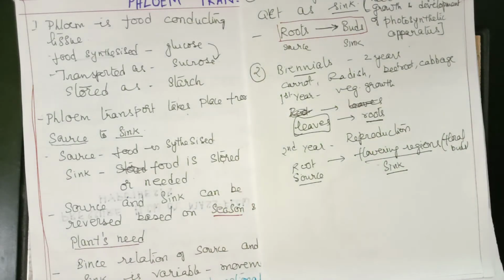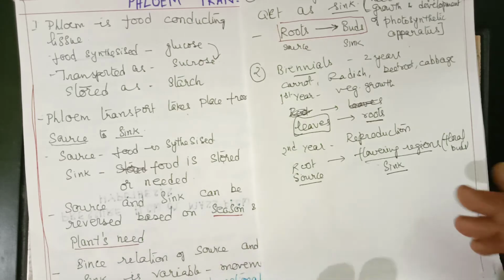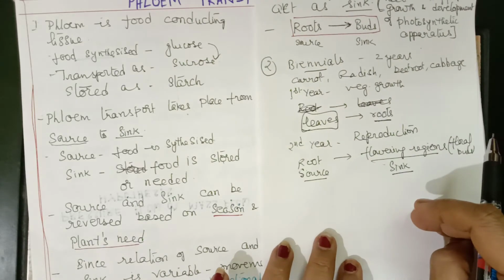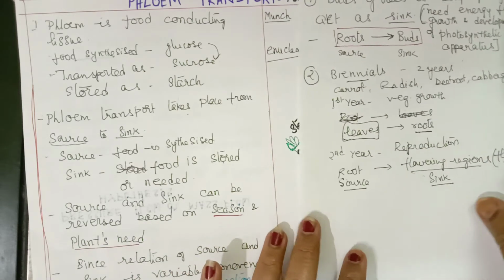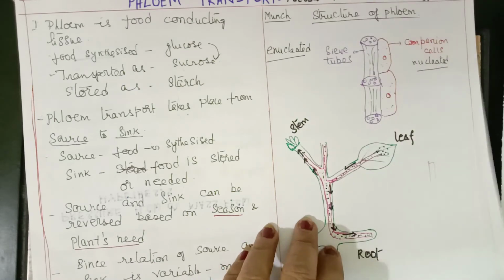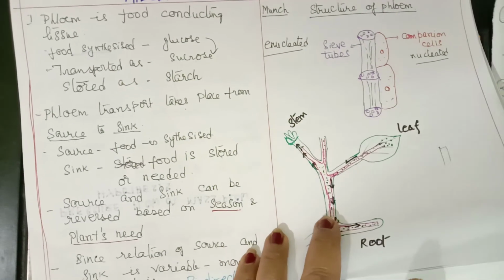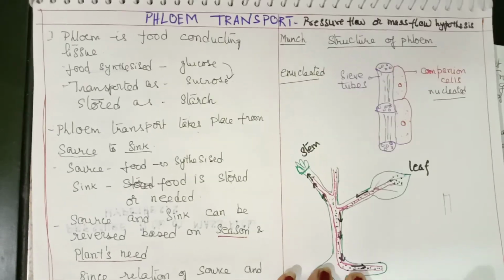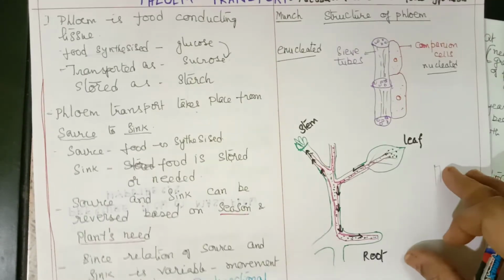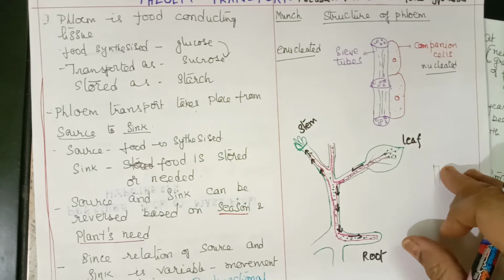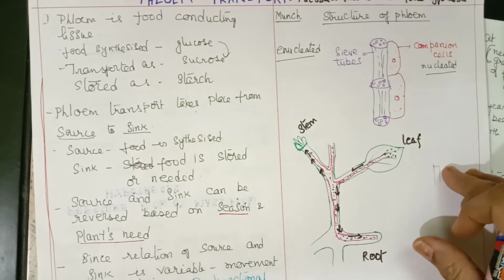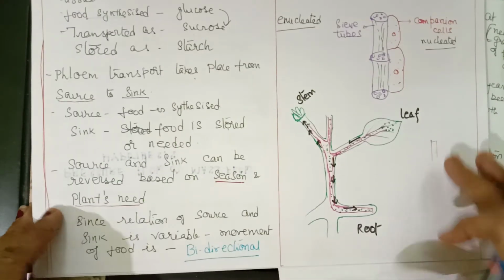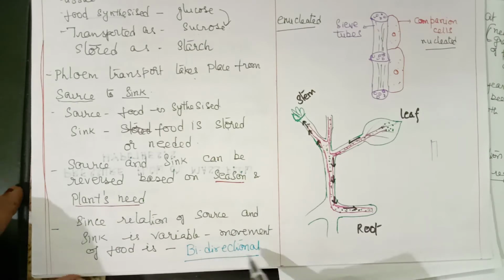So the concept of sink and source is variable. Because of this, we can say that the direction of transport of food in phloem is bidirectional.